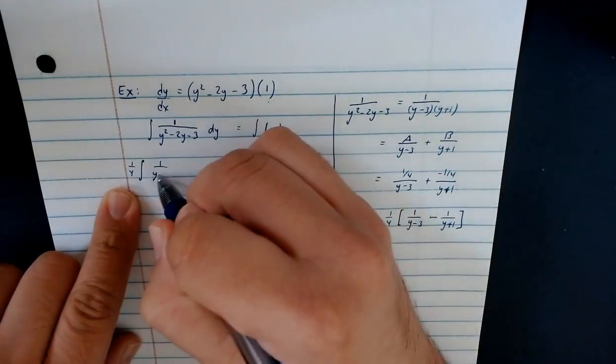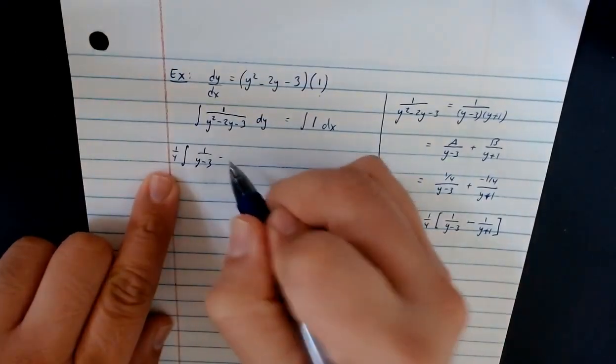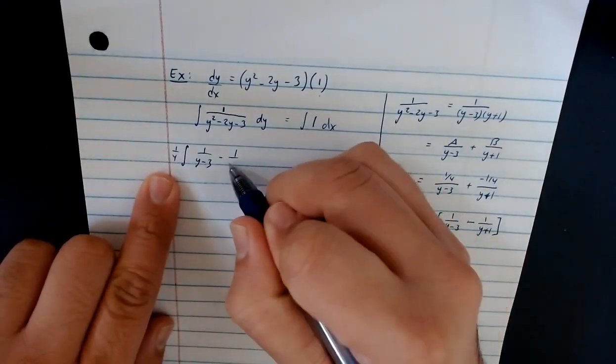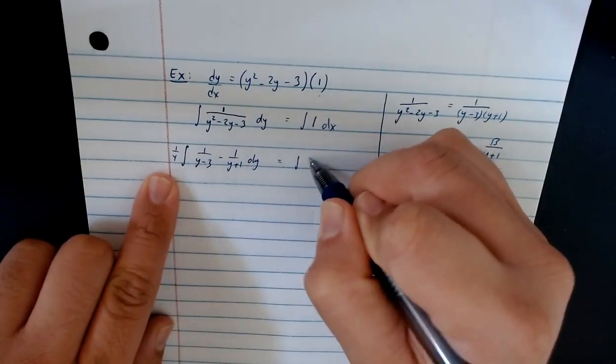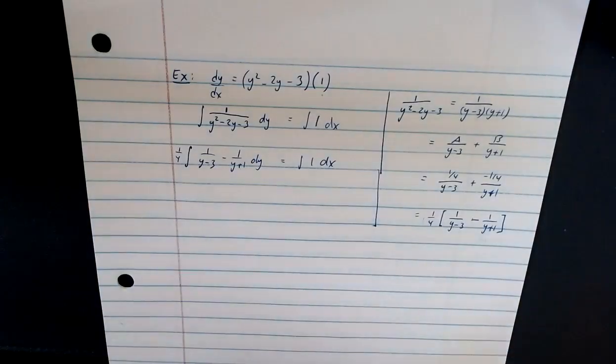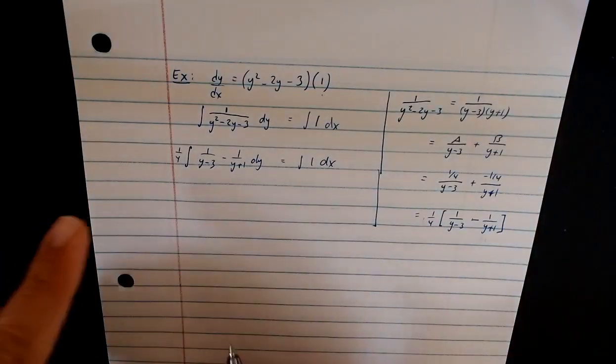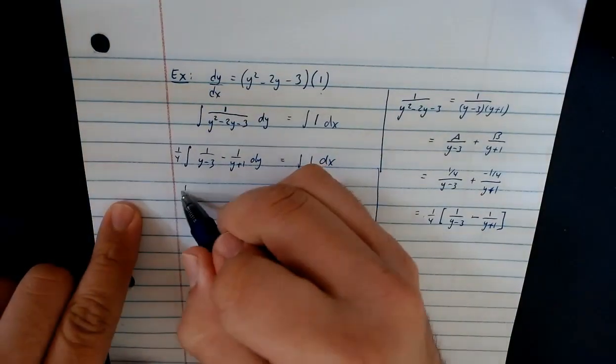1 over y minus 3 minus 1 over y plus 1 dy equals the integral of 1 dx. Now everything's nicely integrable. Here I've got 1/4.